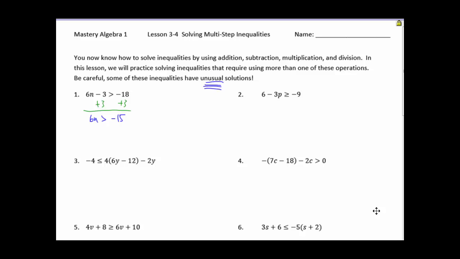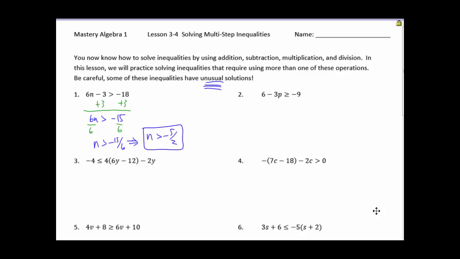With the negative 15, we're now going to divide by 6, and we get n is greater than negative 15 over 6, but make sure we try to reduce. n is greater than negative, and what number goes in there? 3. So negative 5 halves. Okay, number 2.